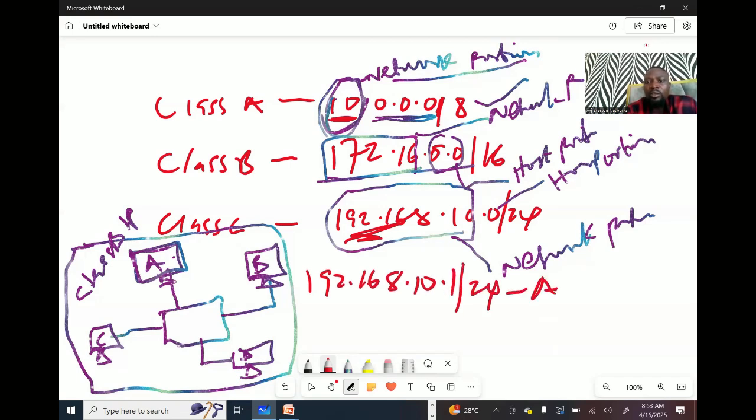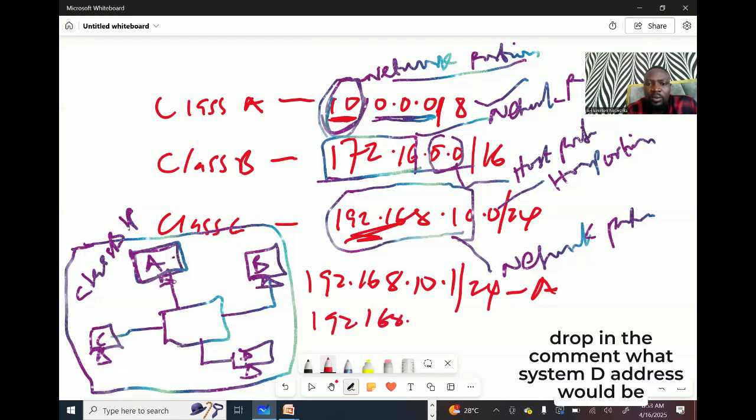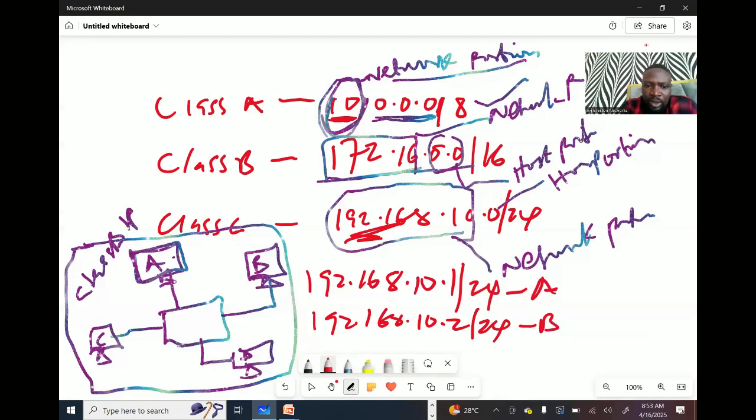This is for system A. System B will be 192.168.10.2/24. This is for B. Can you see? It's very simple. System C will be 192.168.10.3/24. System C.